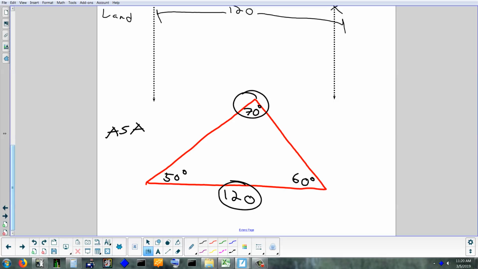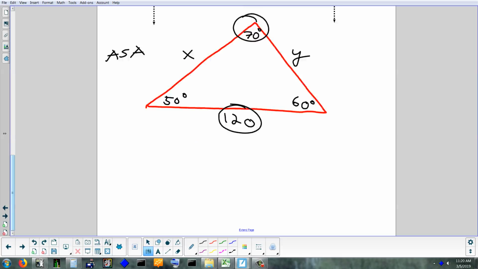Let's call these sides x and y. So when you set up your proportion, sine of an angle divided by what's across from it equals sine of an angle divided by what's across from it. And use what's circled both times. Sine of an angle divided by what's across from it.